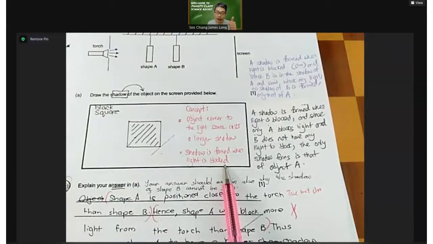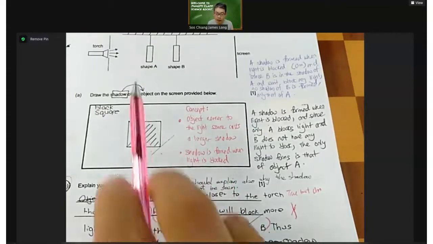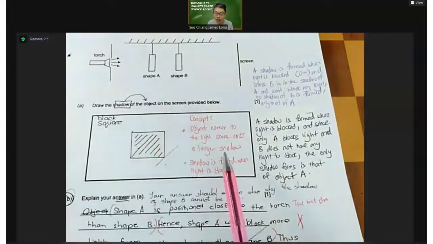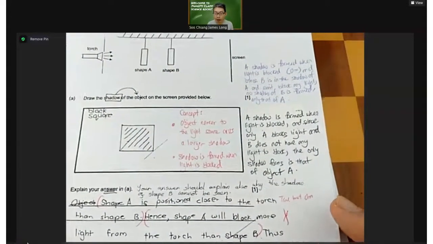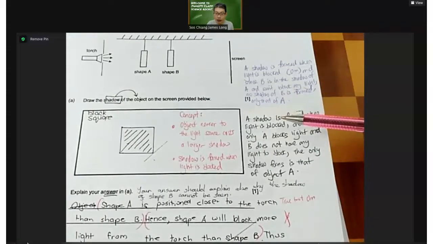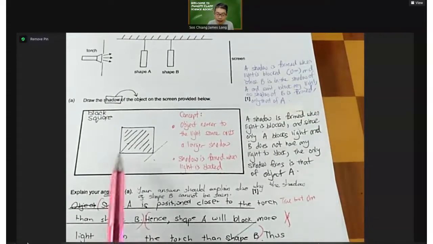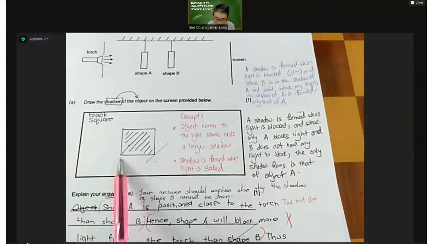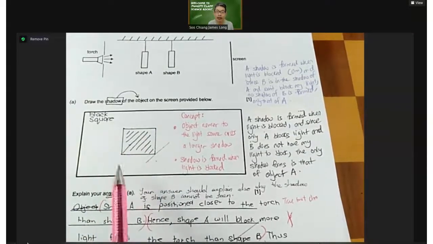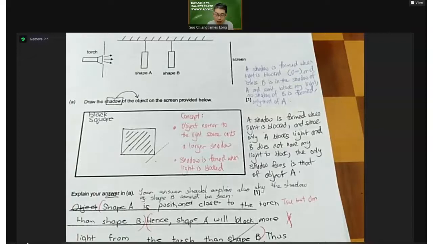That is one. The second concept you need to know is the object that is nearer to the light source, which is this object, will of course cast a larger shadow. So I have two ways of expressing my understanding of this question and why I only get a rectangular shadow, or a squarish shadow if you draw a rectangle, a squarish shadow and not a circular shadow at all.